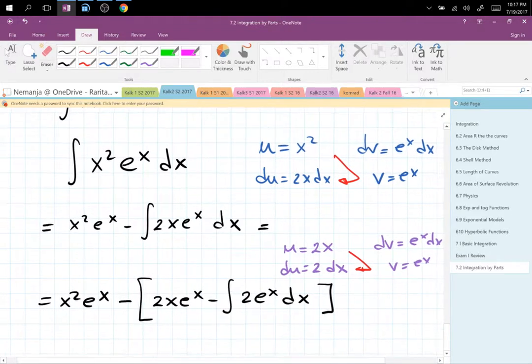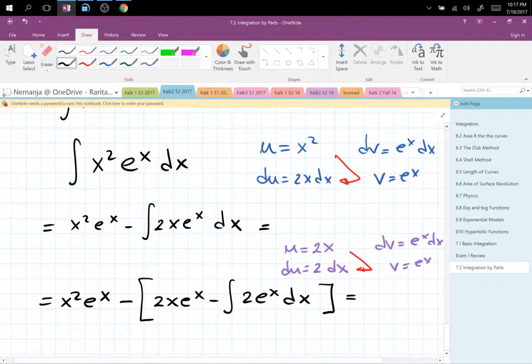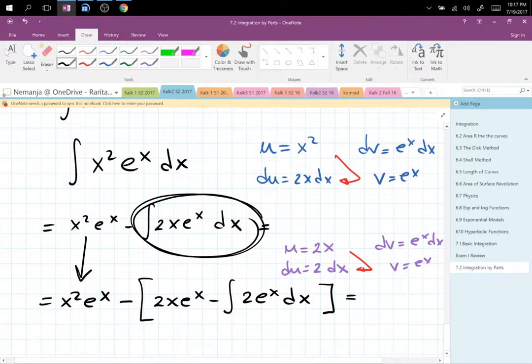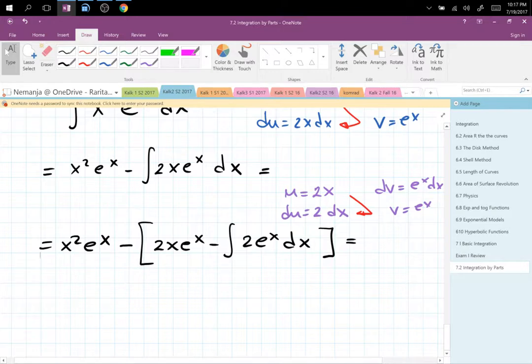So these brackets contain the second integration by parts, which was done just for the integral, and we are copying the first term down. So now this is x squared e to the x minus 2x e to the x. Minus and minus gives me a plus.